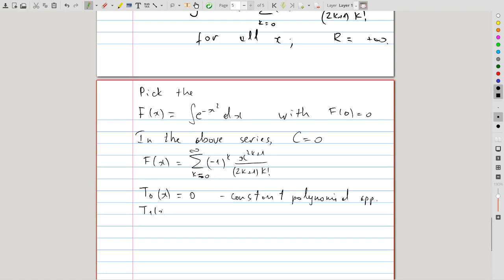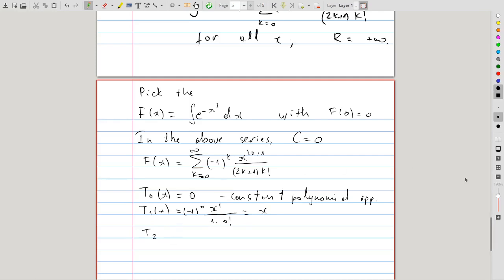We'll see a picture to illustrate this fact. So then t1 of x, for example, is the linear polynomial. It's the following expression. It's minus 1 to the 0, so it corresponds to the value of the index k equals 0 here. So we have minus 1 to the 0, x to the first divided by 1 times 0 factorial, so that is just x.